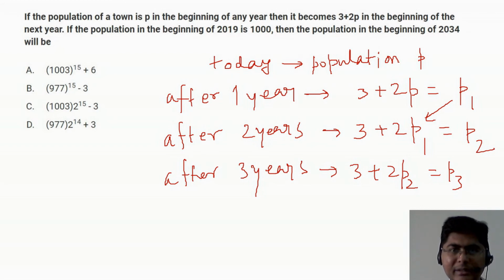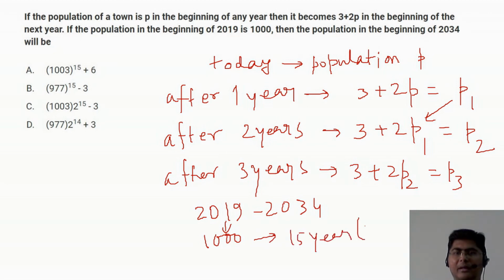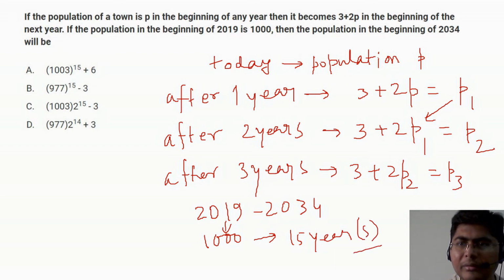So that means from 2019 to 2034. If it is 1000, then what will be the population after 15 years? Was that clear? Okay. Now we are going to take two core concepts here.